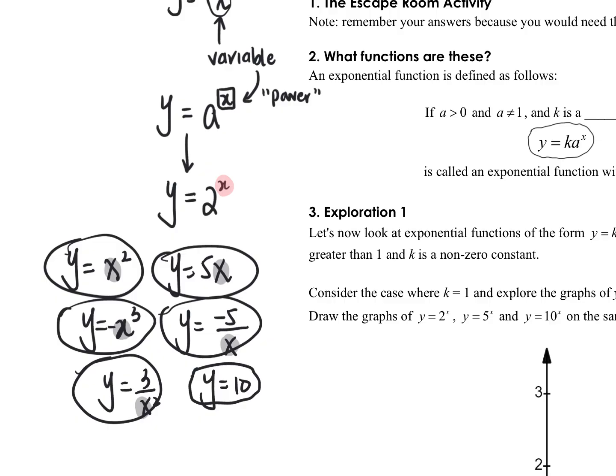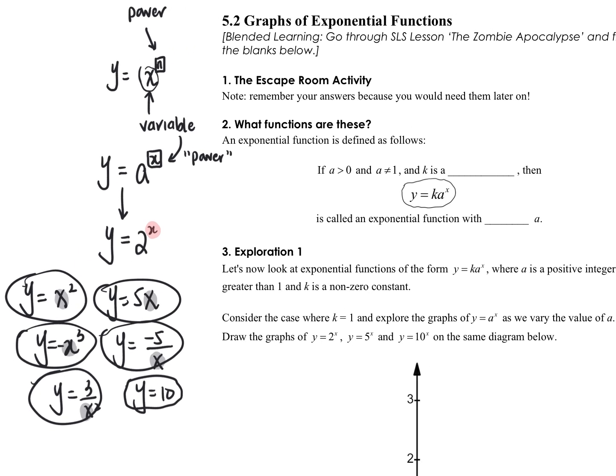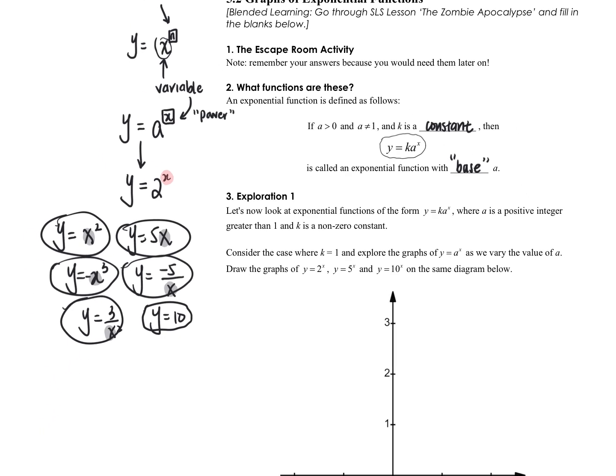So the power is the variable. Here you see k is the constant. Constant means any number you can think of. Then y equals k a to the power of x, with a base a. So now your base is a constant number. It's not an x anymore.